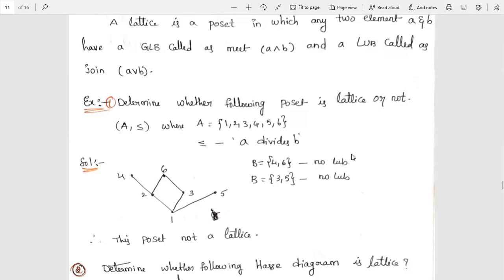So we consider another pair, 3, 5. Here also 3, 5 does not have a least upper bound.